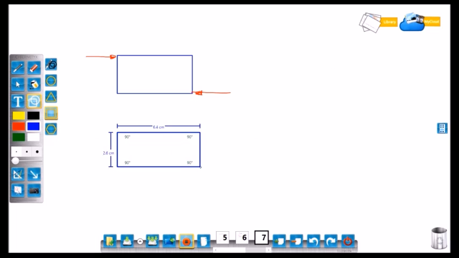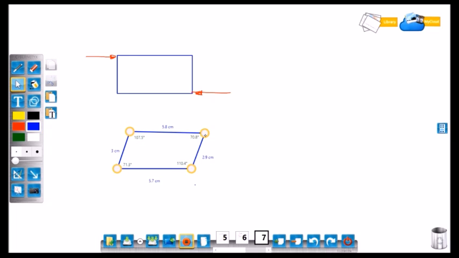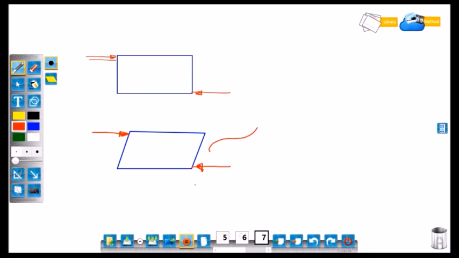What will happen if forces are applied? The shape of the body will change like this. This is called shearing.